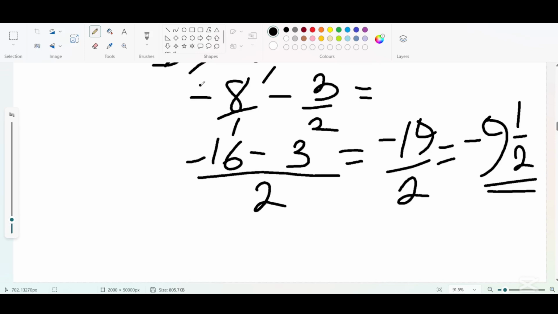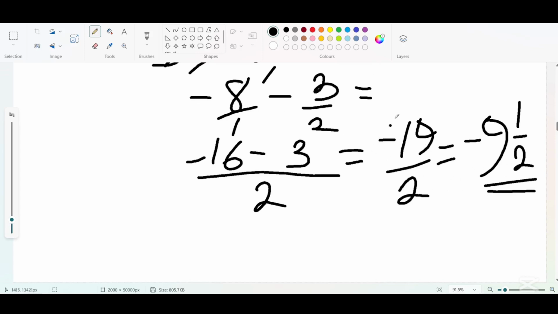That will be minus 19 that we obtained here, divided by the same 2. So this is what we do whenever we have a fraction and a whole number adding each other. So a shortcut way to go about it is to use the denominator to multiply the whole number, then add this to the numerator of the fraction. Then we get our final answer divided by the denominator. So this gives us the final.